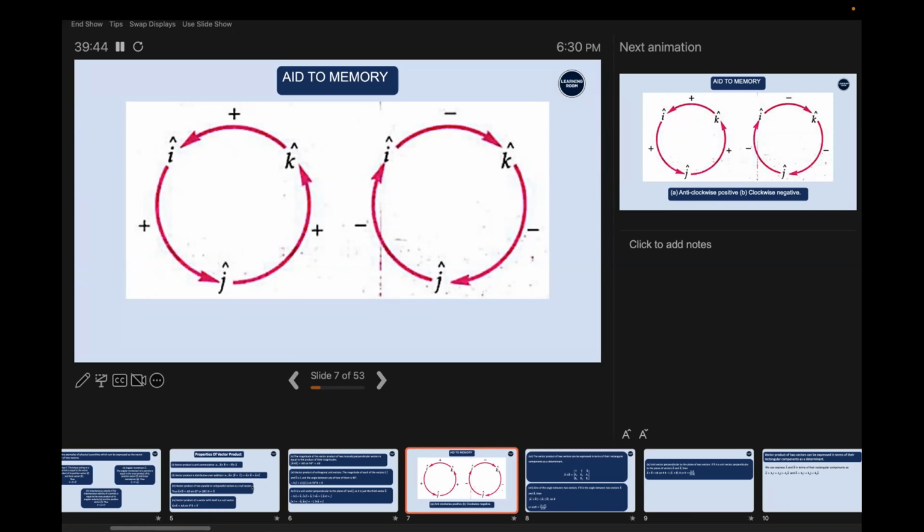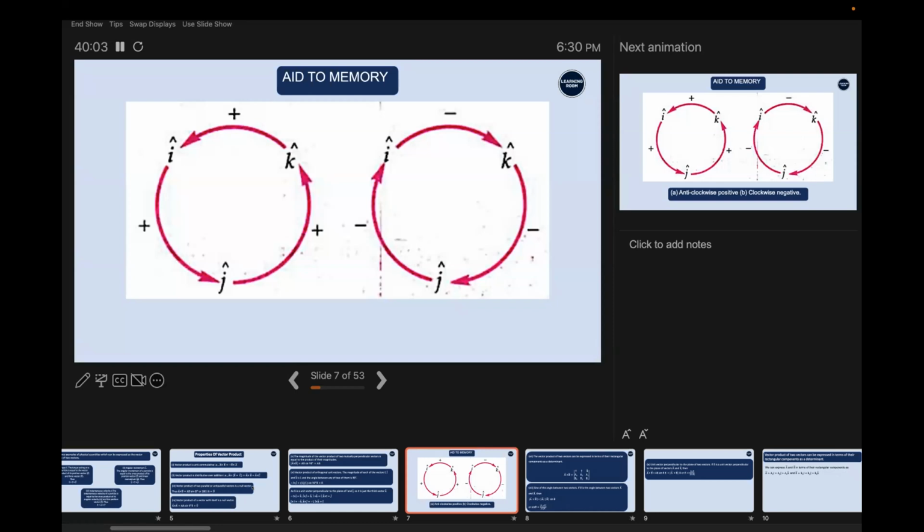Which direction? In the anti-clockwise direction. So if you do i cross j, from i to j, which direction are you turning? Anti-clockwise. If you do j cross k, anti-clockwise. If you do k cross i, you're turning in the anti-clockwise direction.